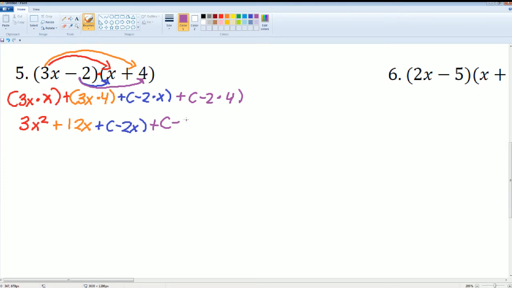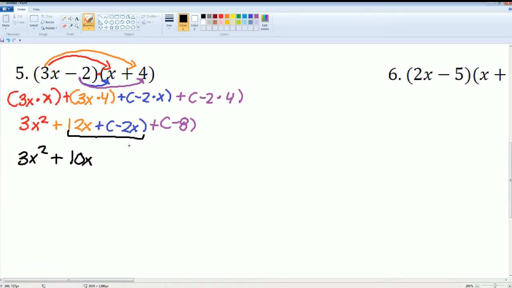Yep, negative 8. Alright. There's some terms we can combine. We have the 12x plus negative 2x. Anything happens to the 3x squared? Nope. 12x plus negative 2x becomes 10x.